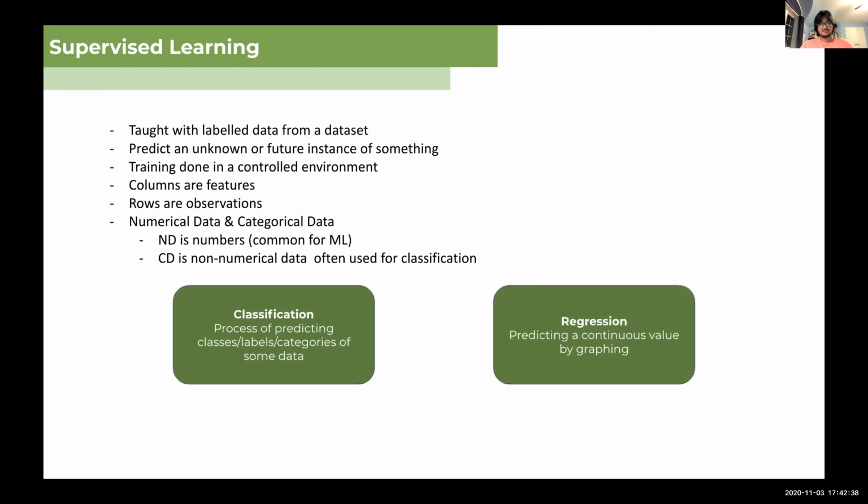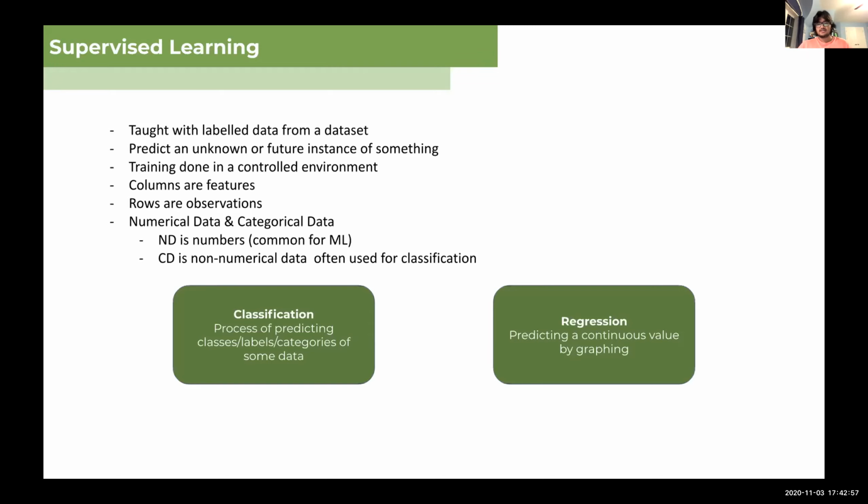Essentially, classification is the process of predicting classes, labels, or categories of some data, which in the previous example was the cat and dog or plane and car example, where we have to identify specific pieces of data that are non-numerical.